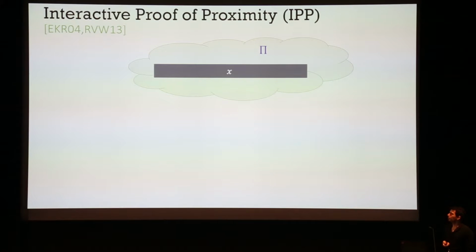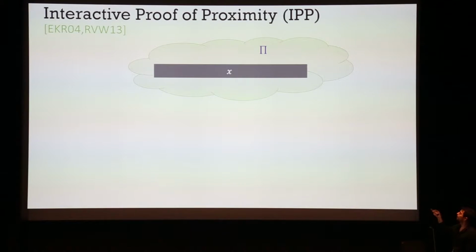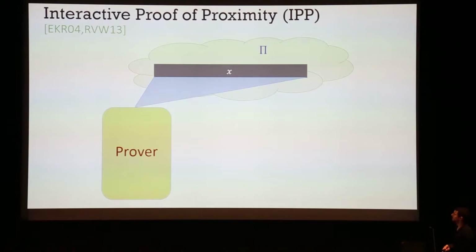Let's first define what a proof of proximity is, and specifically the interactive version. We have some input x, in some property pi, and an unbounded prover that has access to the entire input.